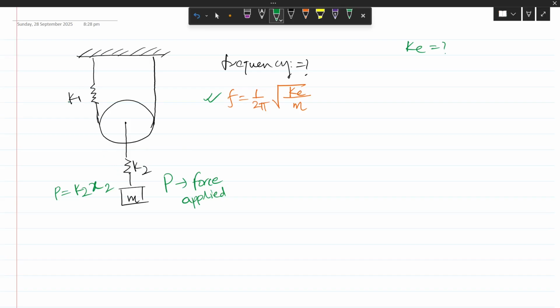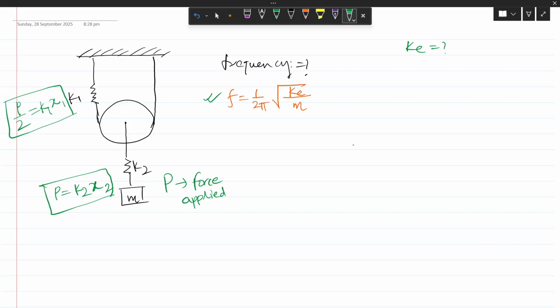And what will happen here is very interesting: due to this P force, the force here becomes P by 2. P by 2 is equal to K1 into X1, where K1 is the spring constant of this spring and X1 is the displacement of this spring. This is the equation for the K1 spring, and the other is the equation for the K2 spring.